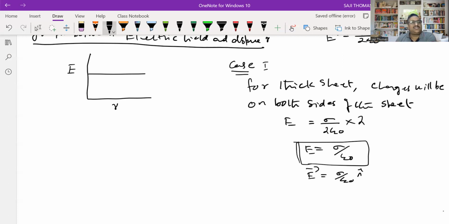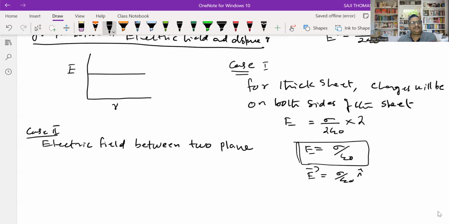So as a case 2, electric field between two plane charged sheets. Okay.